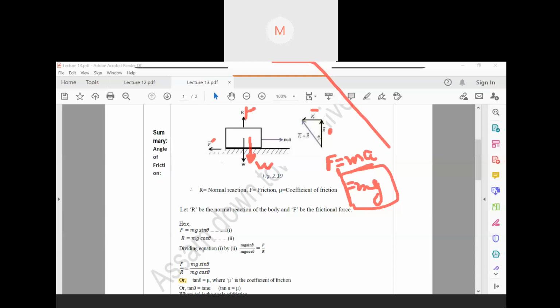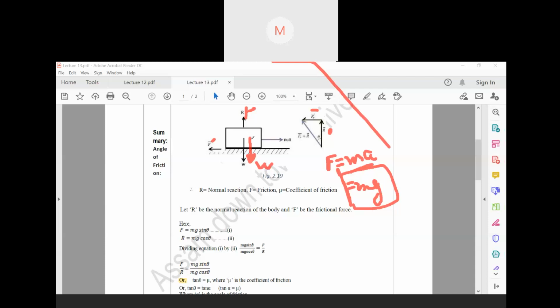Sir, does it mean that the weight of an object equals the frictional force? No, not frictional force. This one is F and this one is friction force; we give a dash for friction force. The frictional force is different. This is the normal reaction force, the force of the body. Suppose you are standing somewhere, then you are experiencing some force due to gravity. There is a difference between weight and mass.